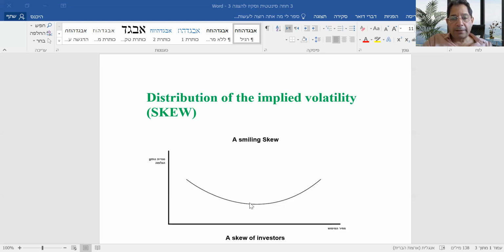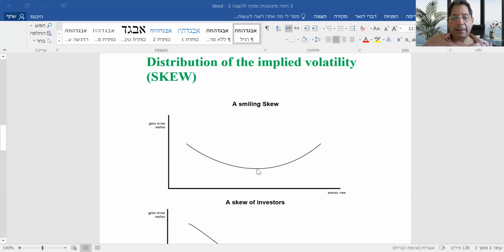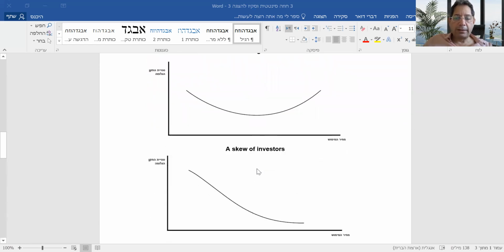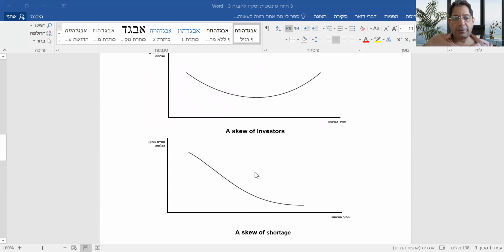So in many markets, we find this smiling skew, but in stocks, we get a skew of investors. Skew of investors is a skew where the implied volatility at the lower execution prices is high. And when the execution price goes up, the implied volatility goes down as well.